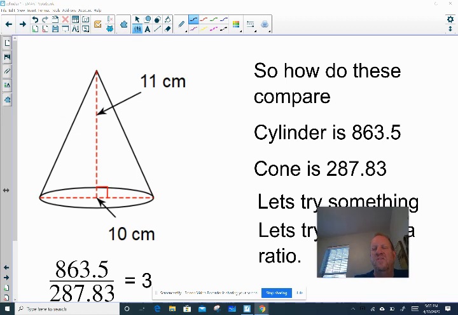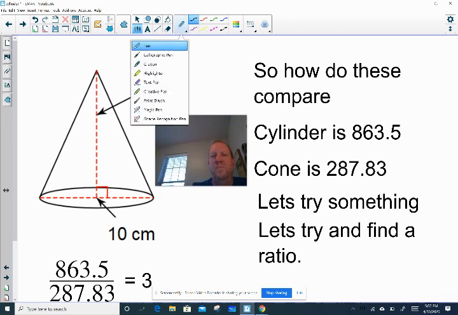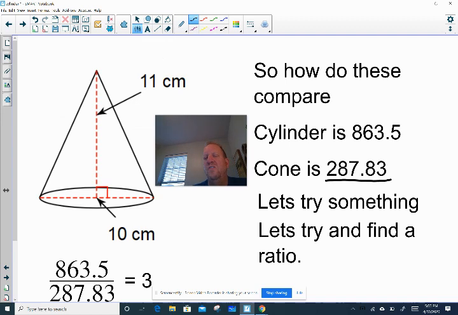So how do these things compare? Well, early on I told you that my cone has a volume of 287.83 centimeters cubed, and the cylinder is 863.5 centimeters cubed. Let's try and find something out. When we were comparing things in the past, we used what we called ratios.